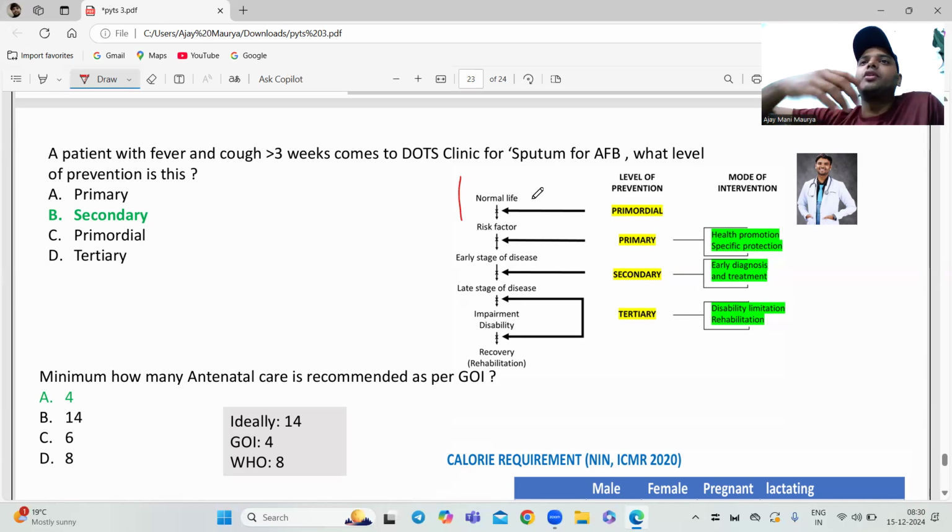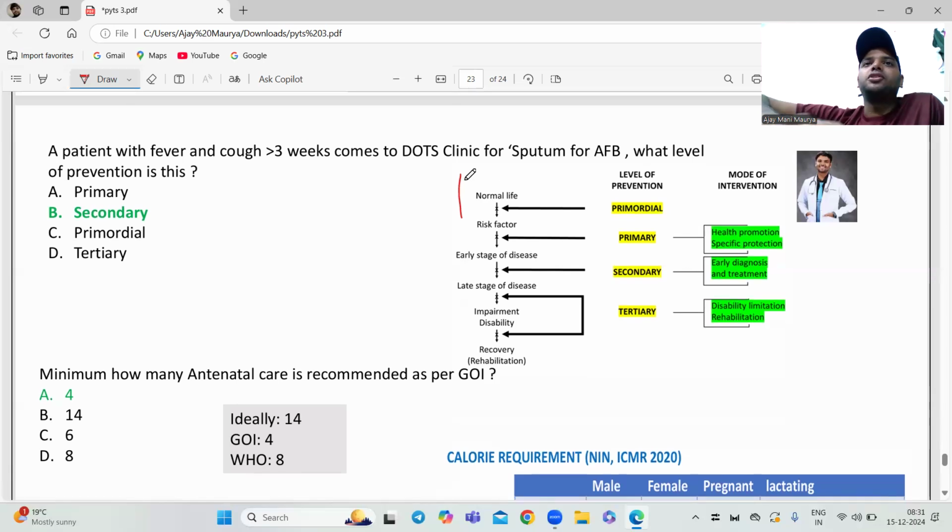Even though they don't have anything, for the sake of their health you are telling them beforehand, please do not watch too much TV. It's primary prevention. If there is a risk factor present, that's why it is primary prevention. Remember, guys, this is the logic to remember here.